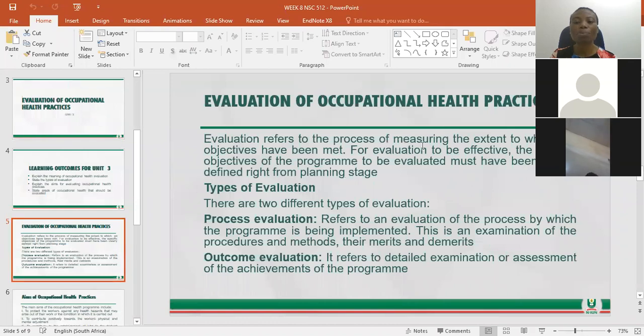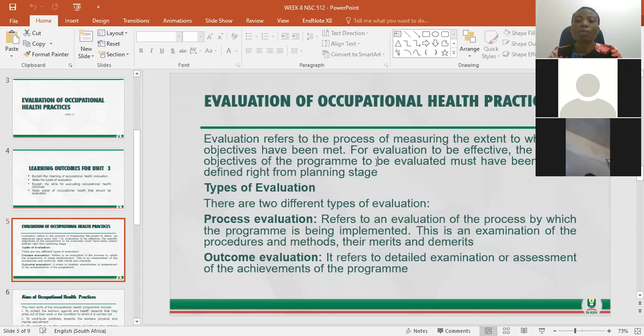So what do we mean by evaluation? Evaluation is simply defined as the process of measuring the extent to which a set of objectives have been met. You have a project, you set an objective or a goal of what you would want to achieve.